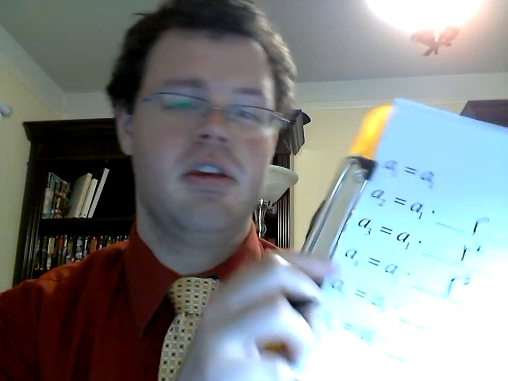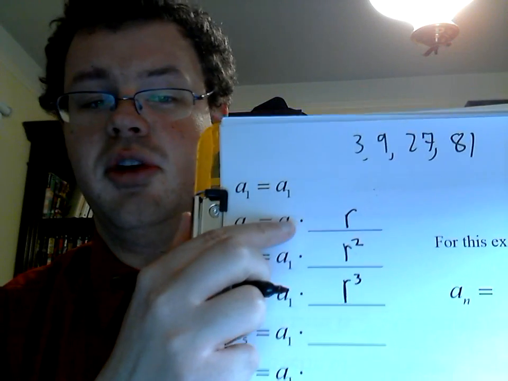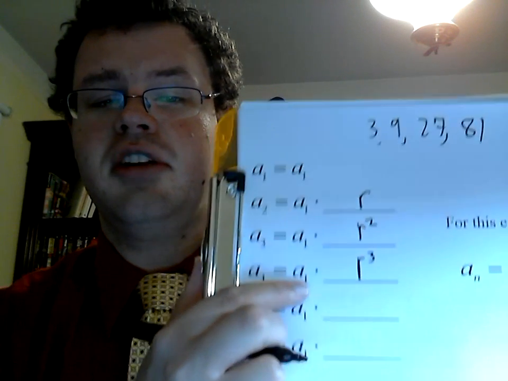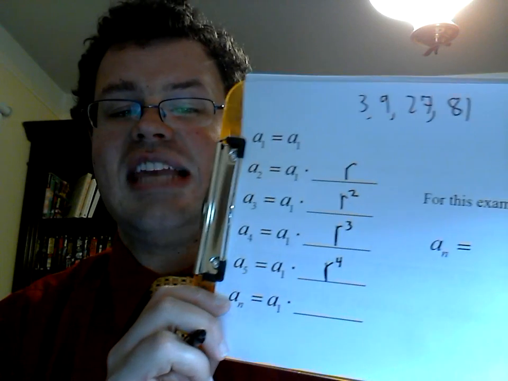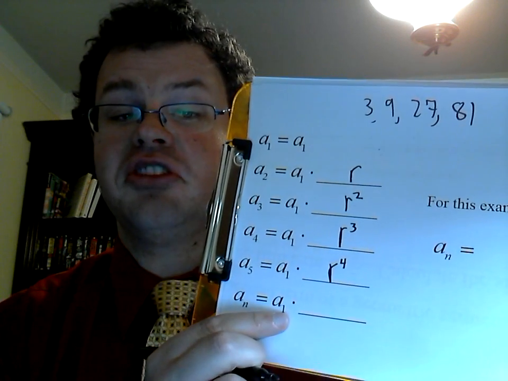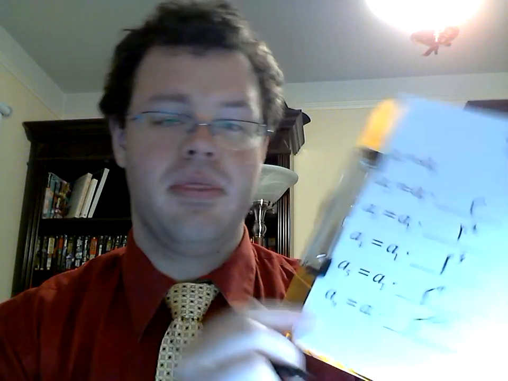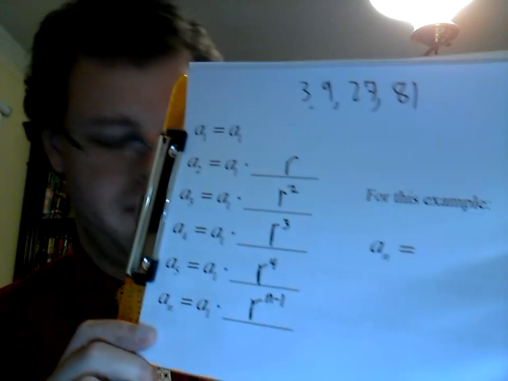Yeah? Because whatever you started with, multiplied by r once, twice, 3 times. To get the fifth term, you have r to the fourth. In general, when you're looking at the nth term, it's whatever you started with times n minus 1 copies of r, r to the n minus 1.